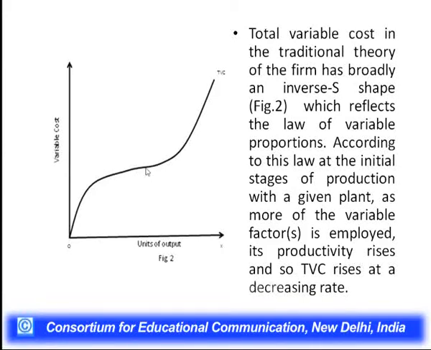But when we reach the optimum input ratio between fixed and variable factor, then we get the minimum rise in TVC, but after that when we are having more than the optimum input ratio, this TVC goes on increasing at an increasing rate, because there is a shortage of the fixed factor and we are making more and more use of the variable factor.